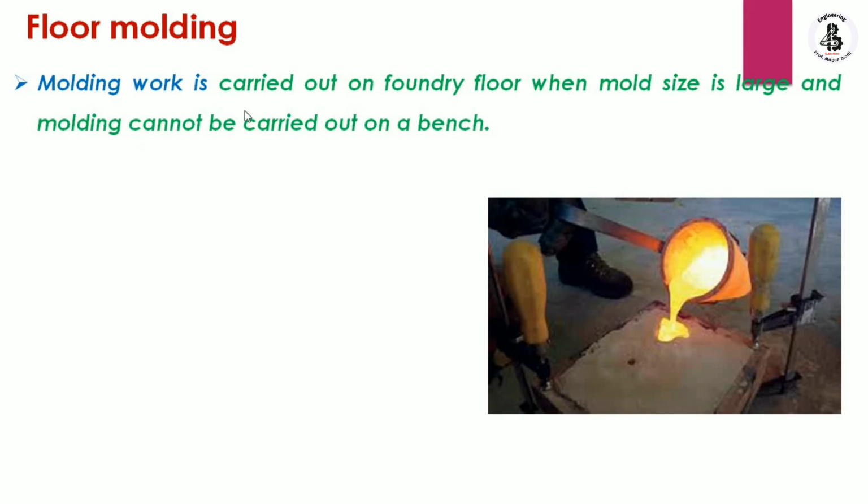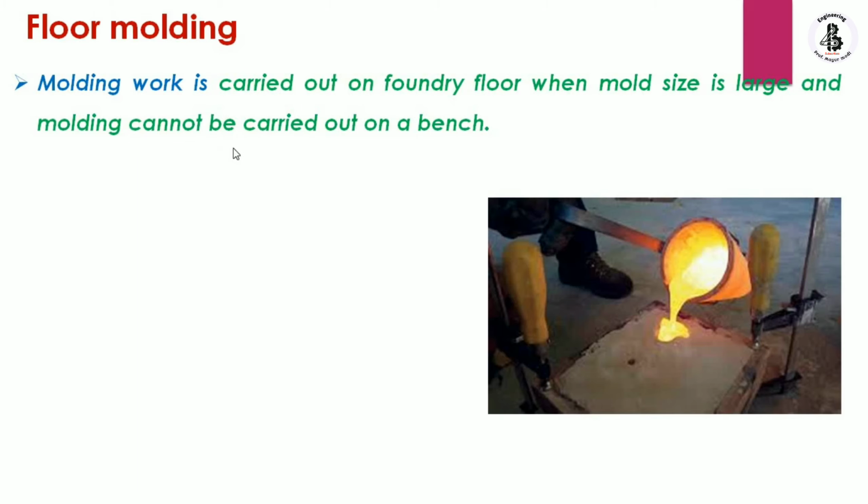Molding work is carried out on the foundry floor when the mold size is quite large and molding cannot be carried out on a bench. That is the most feasible position, because with large castings there would be difficulties on a bench. Medium and large size castings are made by the floor molding process.